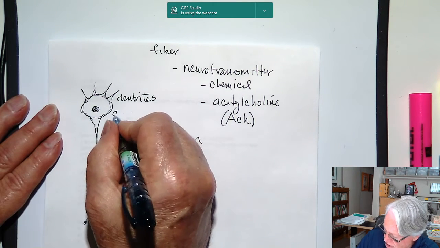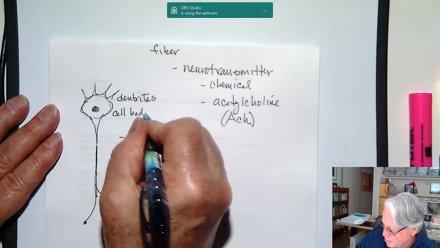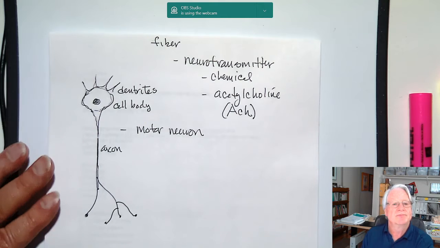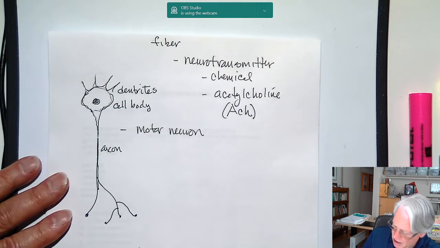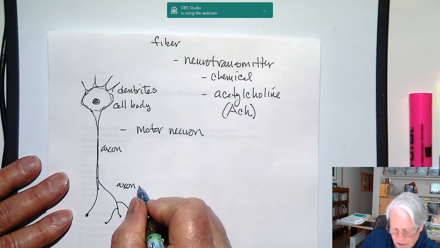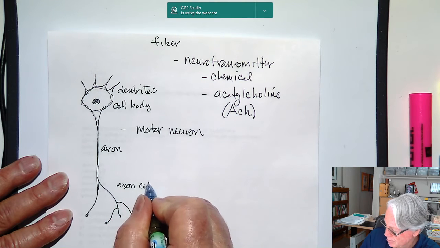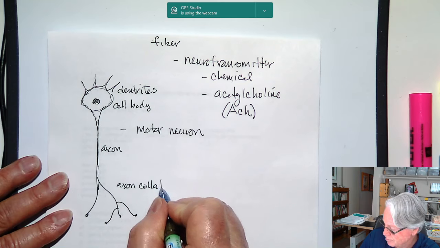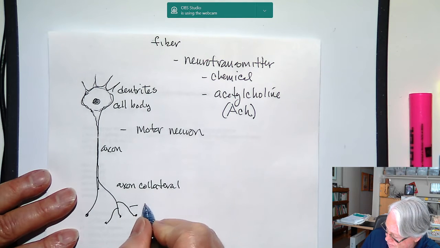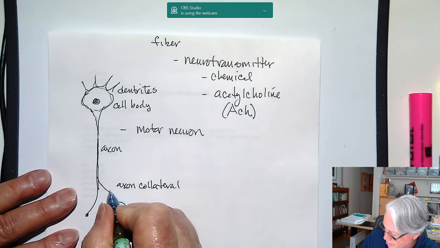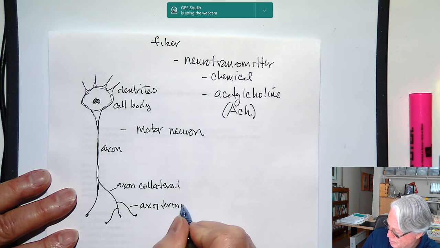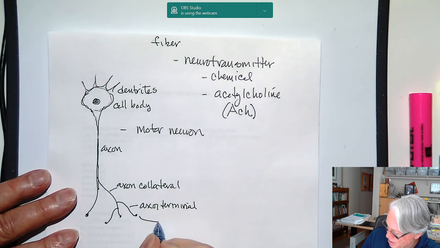We've got the cell body, and we have this very long axon. And then we're going to have an axon collateral, and then an axon terminal, and then a synaptic end bulb.